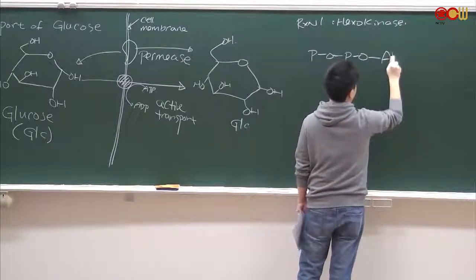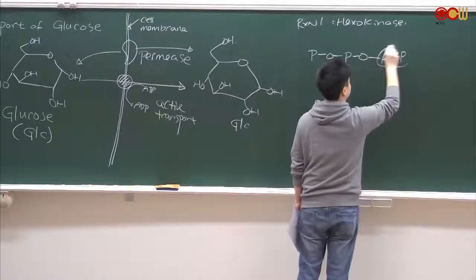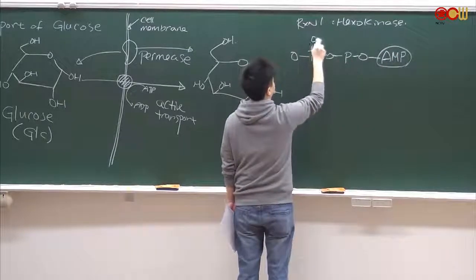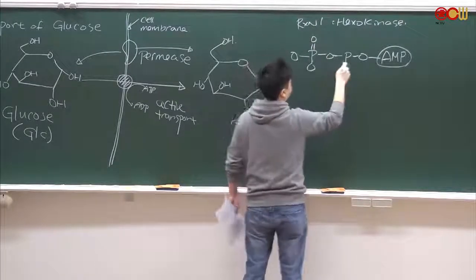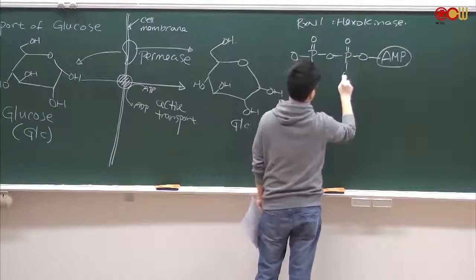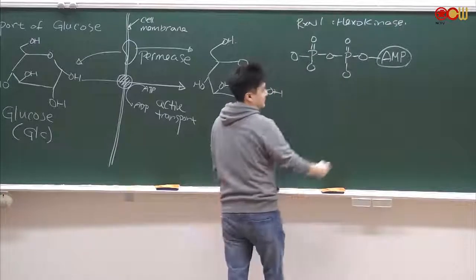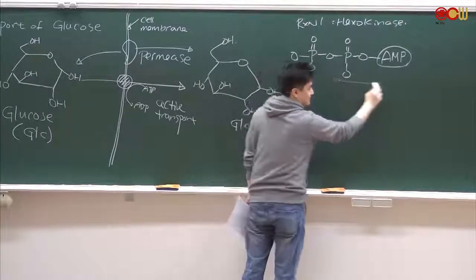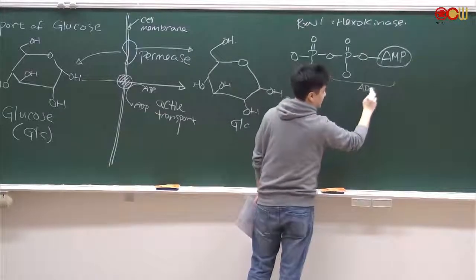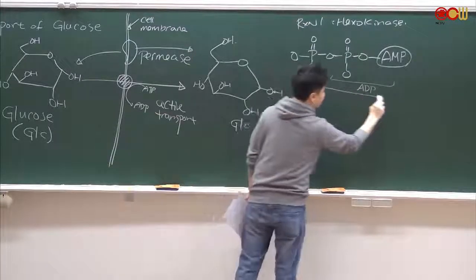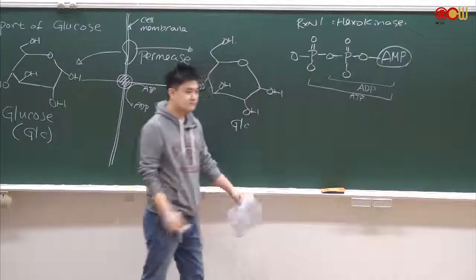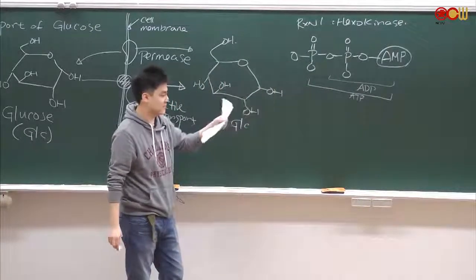Here I'm just going to call it AMP because the rest doesn't matter. This is the second phosphate, so this is called ADP, and including the third phosphate it is ATP. So that's my shorthand for ATP.